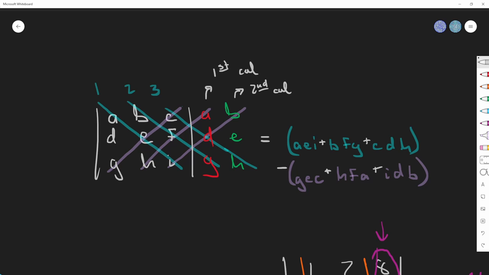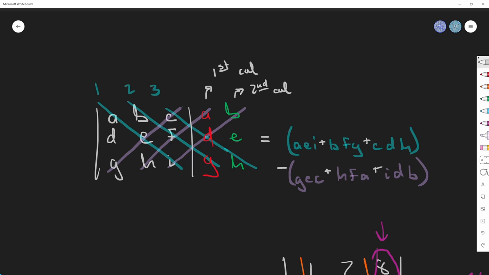So in short, you multiply each diagonal and add them together, and then you subtract from it another set of diagonals that also have been added together.